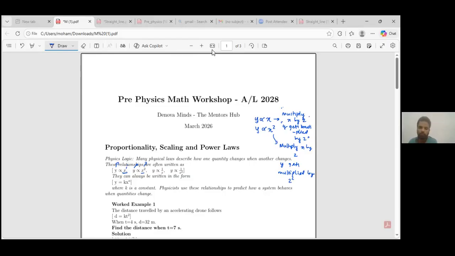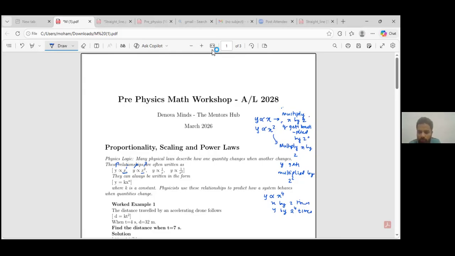So, for example, if you consider a relationship like y is proportional to x to the power 4, in this case, when you multiply x by 2, y gets multiplied by 2 to the power 4. This is the idea.